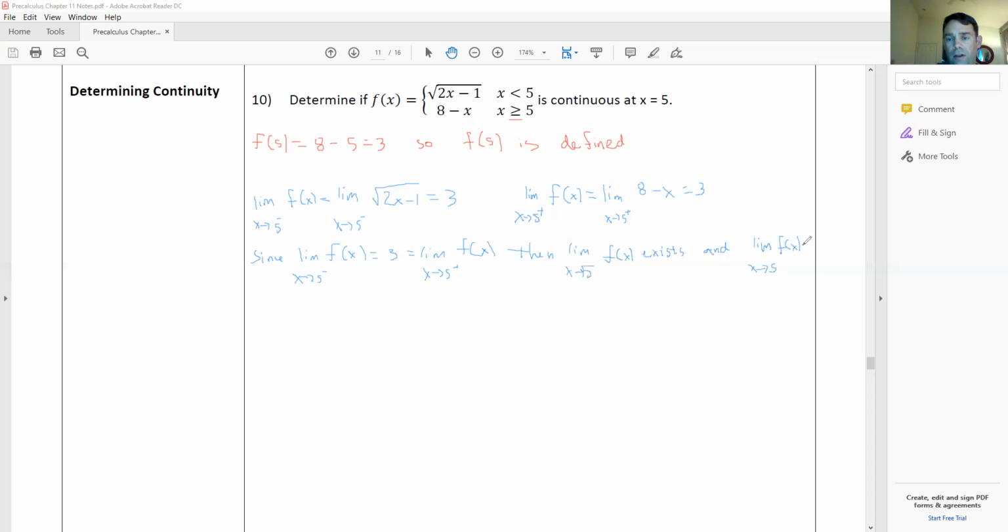So now we have the function value defined, and we have the limit existing. So the last thing we do is show that they are the same.